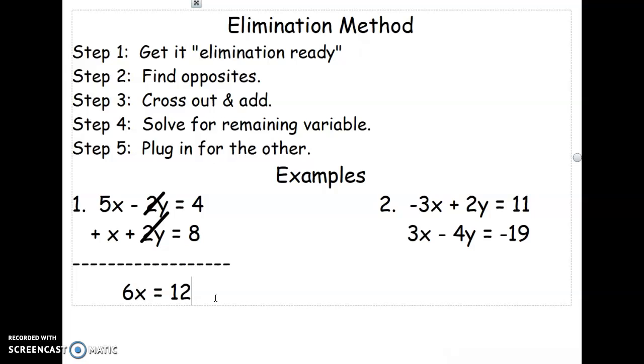Now my problem is not hard anymore because I have 6x equals 12. I know what x is. 6 times what gives you 12? 6 times 2. So x is 2. But if I want to go through the steps, I can divide both sides of my equation by 6.